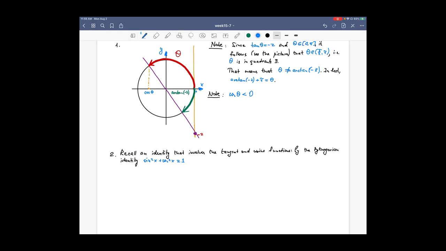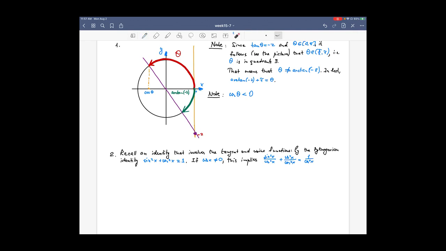Now, assuming that cosine is not 0, this implies that sine squared over cosine squared plus cosine squared over cosine squared equals 1 over cosine squared.